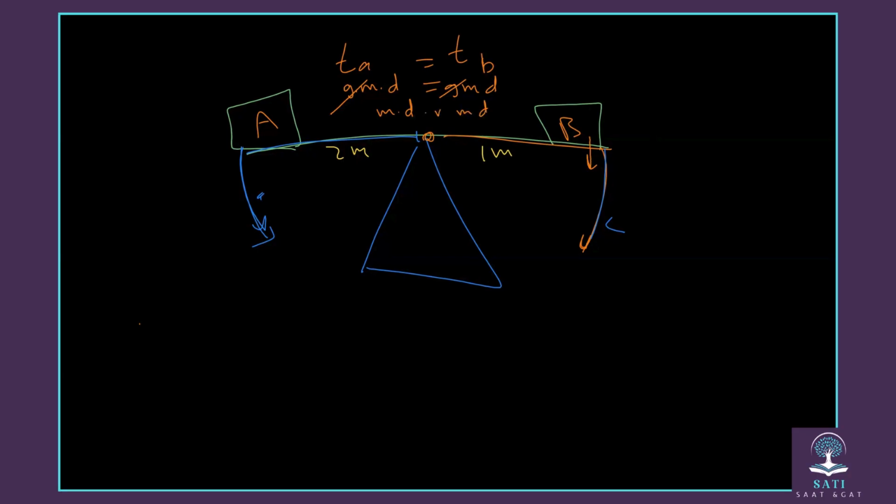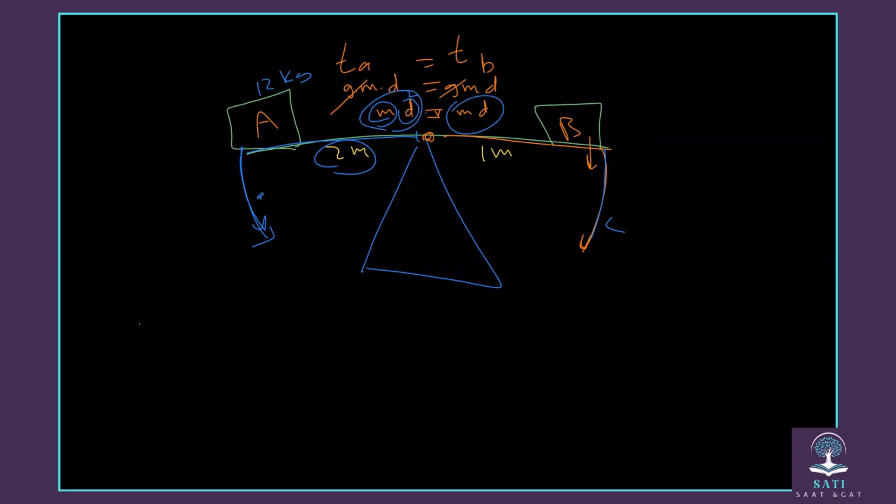Okay, if the distance here is greater, which is 2 meters, what should be the mass? Okay, for example, the mass here is 12 kilograms. That means it's going to be 2 times 12, 24 on this side.